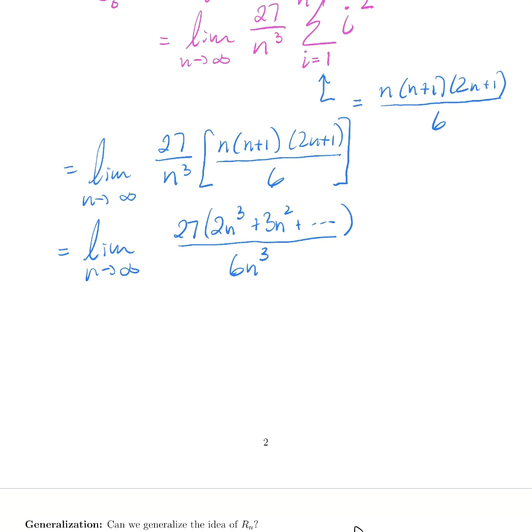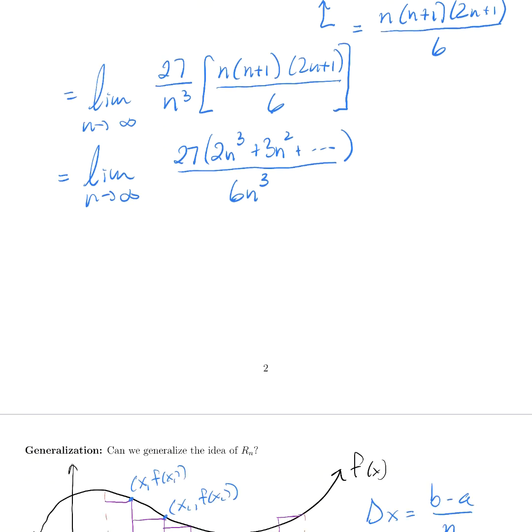You may say, well, that seems sloppy. And I would say, well, what do I have here? I know I have a polynomial in the numerator and a polynomial in the denominator, and those have the same degree. Those are both third degree polynomials. So this is the limit as n tends to infinity of 27 times 2, 54n cubed, plus 27 times 3, 81n squared, plus something, all divided by 6n cubed.